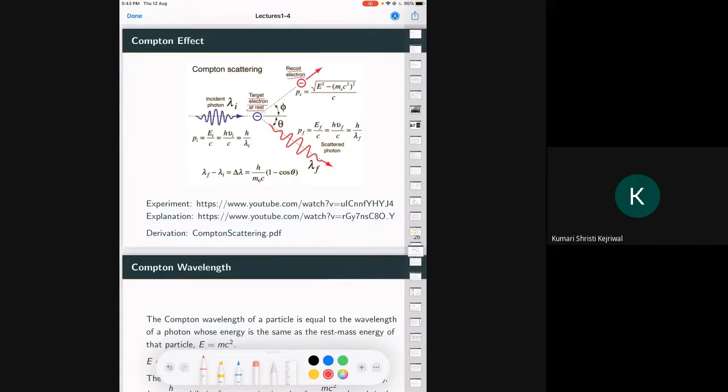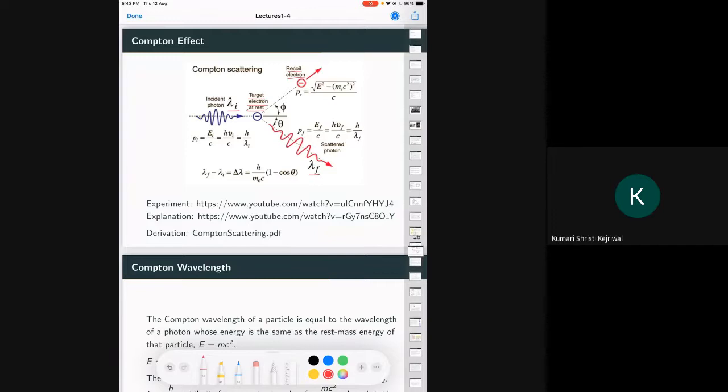The light, which had a wavelength of lambda i, is then scattered, to be more precise, with another wavelength lambda f, where lambda f is larger than lambda i. So the light loses some energy and transfers it to the electron.